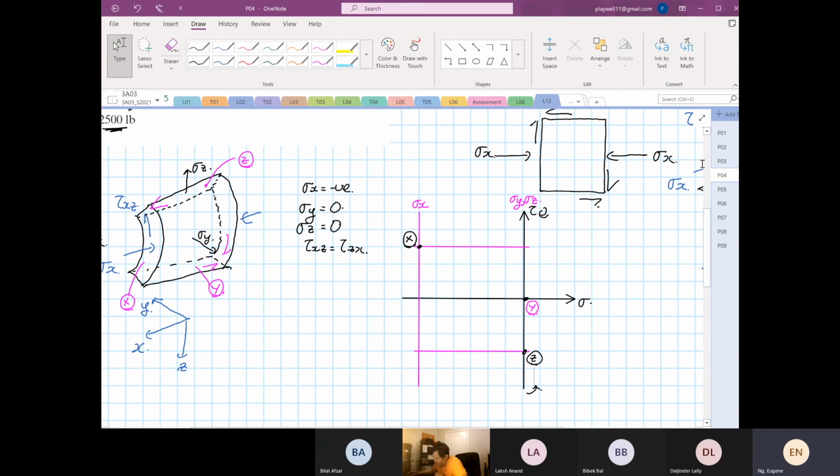So now we sketch our Mohr circle. I'm going to sketch my circle now, somewhere around here.